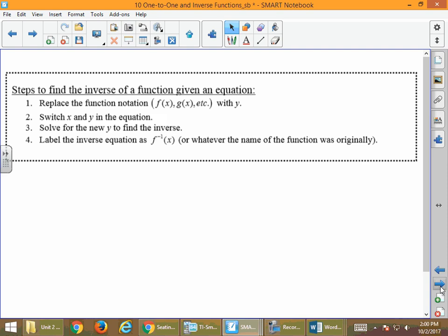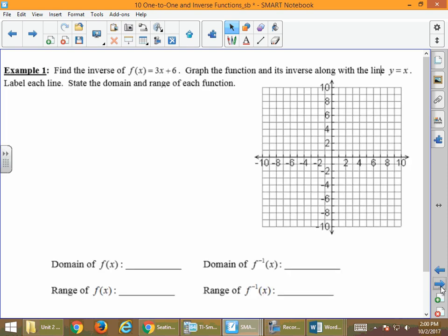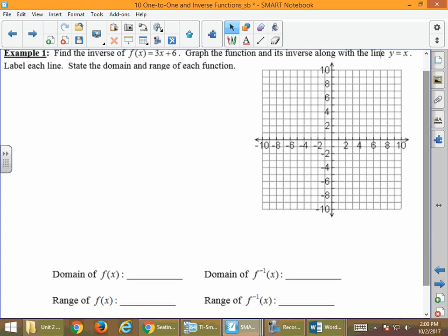Then we're going to solve for a new y to find the inverse. And then we're going to label it appropriately with our notation, f to the -1 of x, or whatever the name of the function was. So some good steps to keep in mind as we take a look here at our first picture.